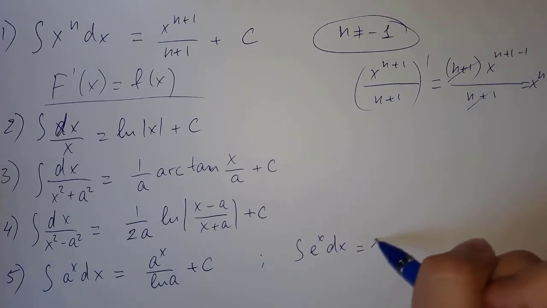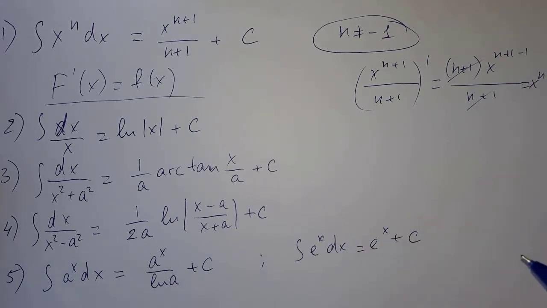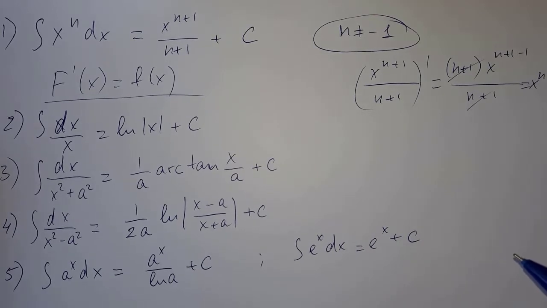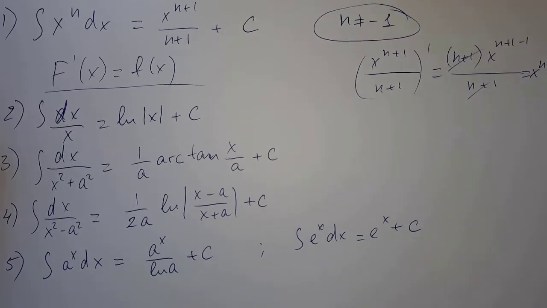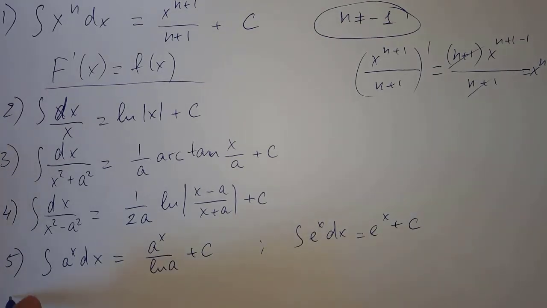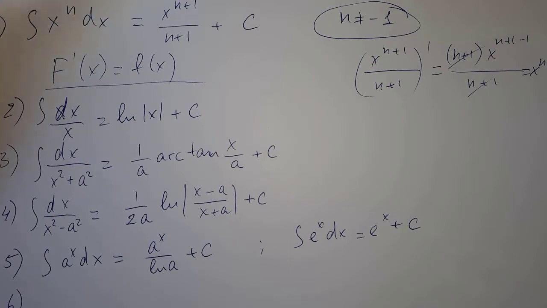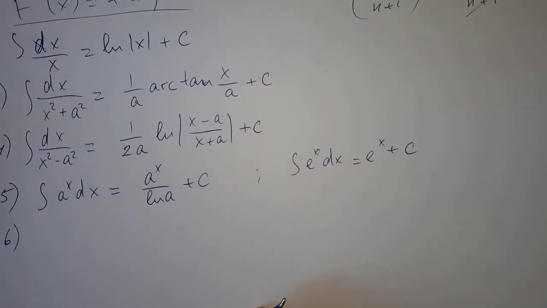It is e to the power of x plus c, because the derivative of e to the power of x was e to the power of x. That's why here it is also the same. And now trigonometric functions. So number 6 is sine x, for example.